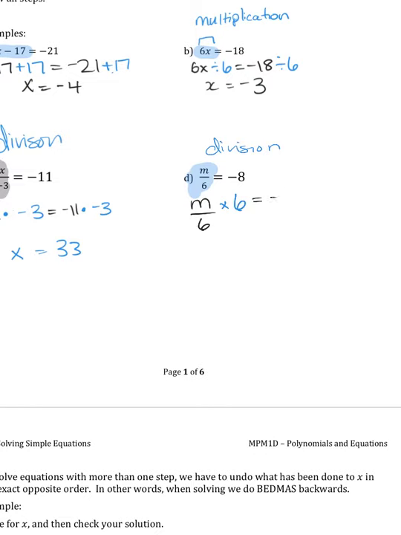Whatever I do to the left-hand side, I have to do to the right-hand side. Okay? My 6 and my 6 here, those are going to cancel out. If I divide something by 6 and then multiply by 6, that's going to be the same answer. So that just leaves me with m on this side. And negative 8 times 6, that's going to be negative 48.